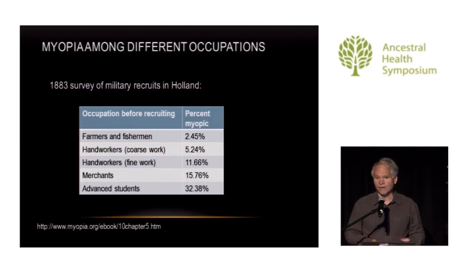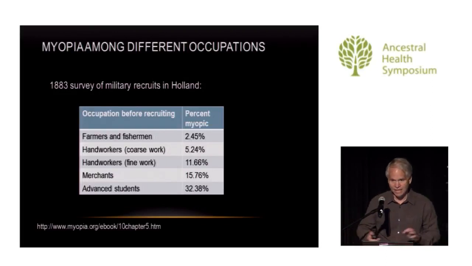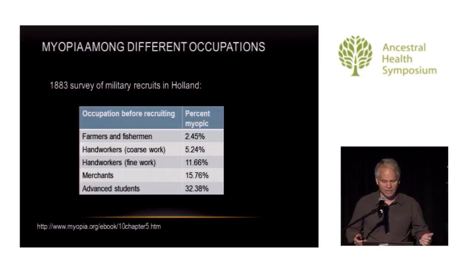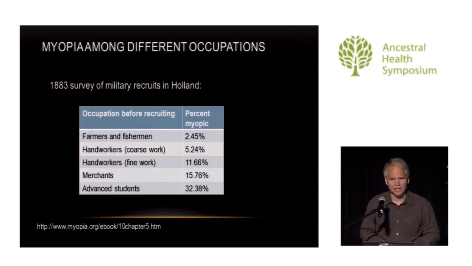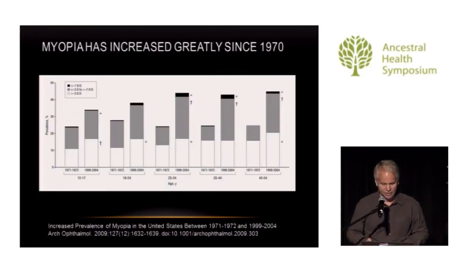Hand workers who were doing fine work, perhaps jewelers, it jumps up to 12%. Merchants who were doing a lot of accounting work, paperwork, 15%, and advanced students, about a third.